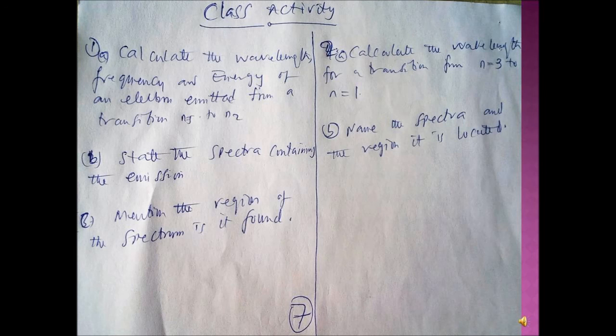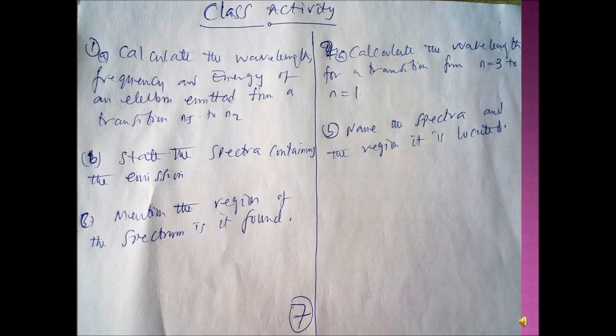We've come to the end of the lesson, but we have an activity that you must do to help you understand better and evaluate what you have done. And what is the assignment? Calculate the wavelength, the frequency and energy of an electron emitted from a transition from n equals 5 orbit to n equals 2.